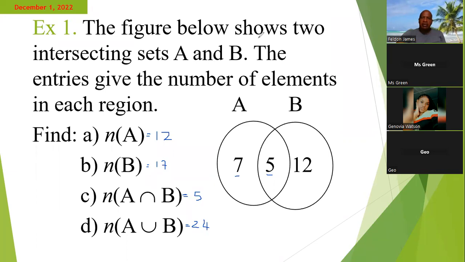All right. Now, suppose though we did not do the union. How could you use a formula now to work out the union? The formula, sir. What is the formula saying again?